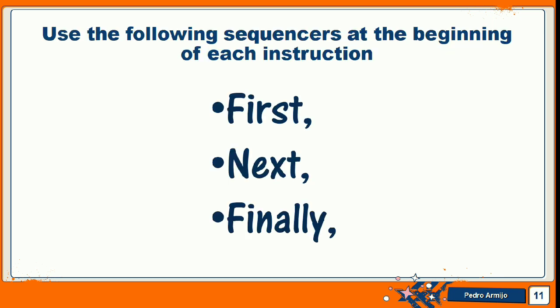Now, here we have our topic for today. Use the following sequencers at the beginning of each instruction. In this case, we are going to use these sequencers: first, next, finally. What can you see in this slide? Okay, in this slide, here we have the sequencers.